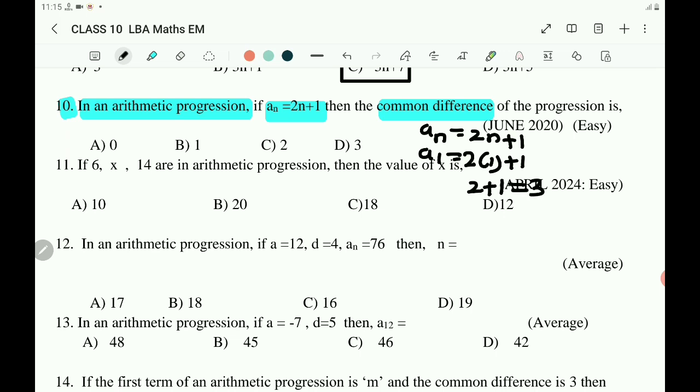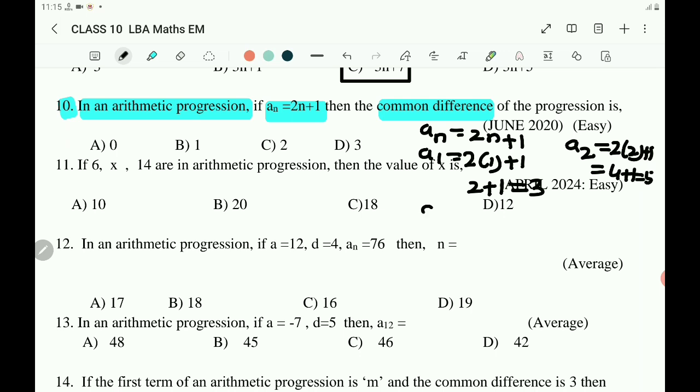Next you take a2. a2 means 2 into 2 plus 1, because an is equal to 2n plus 1. a1 is 2 into 1 plus 1. a2 is 2 into 2 plus 1. 2 into 2 is 4, plus 1, which is equal to 5.